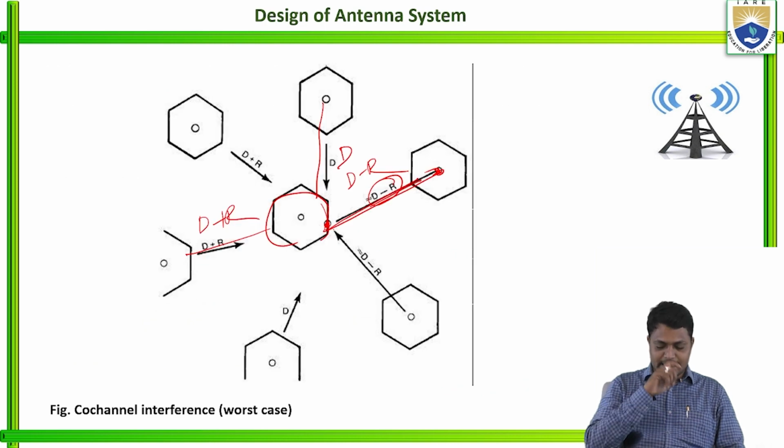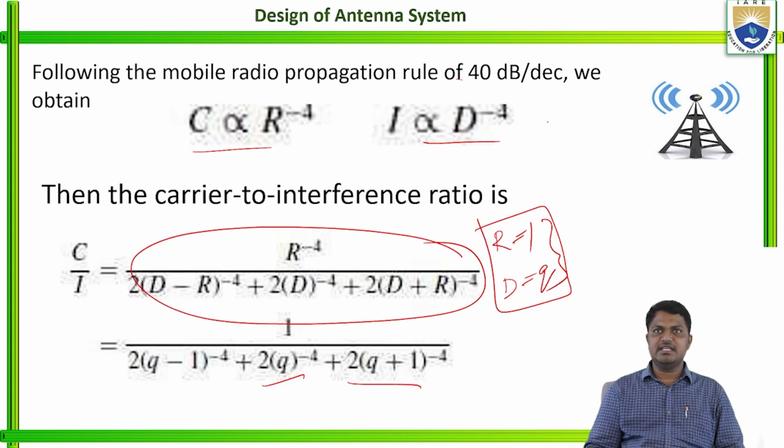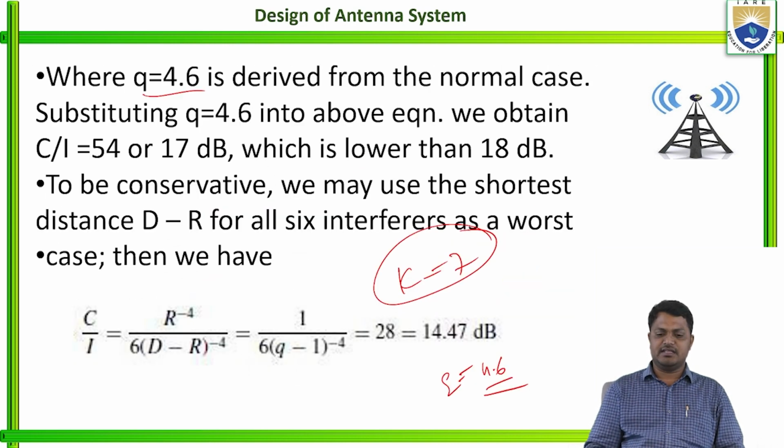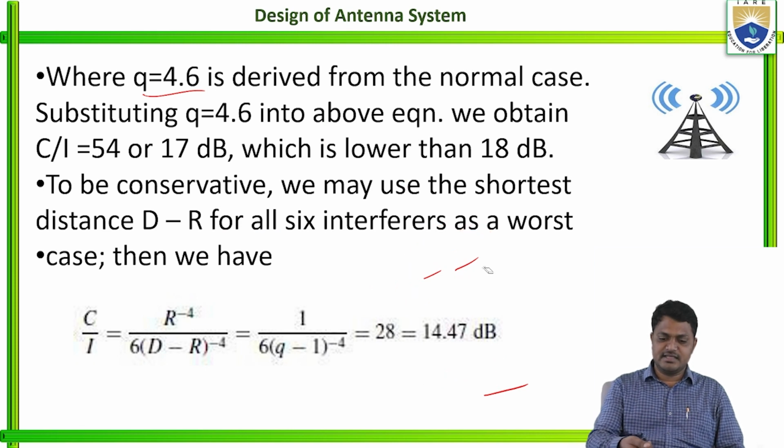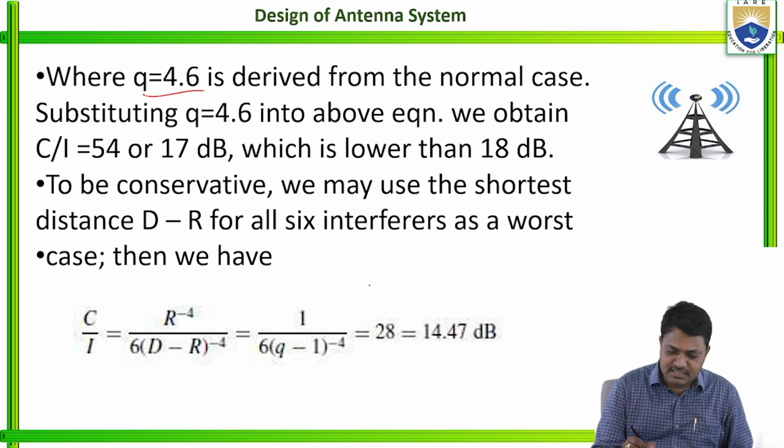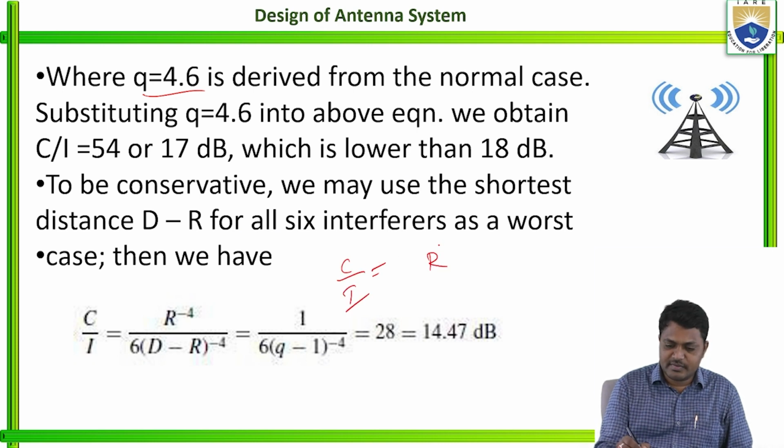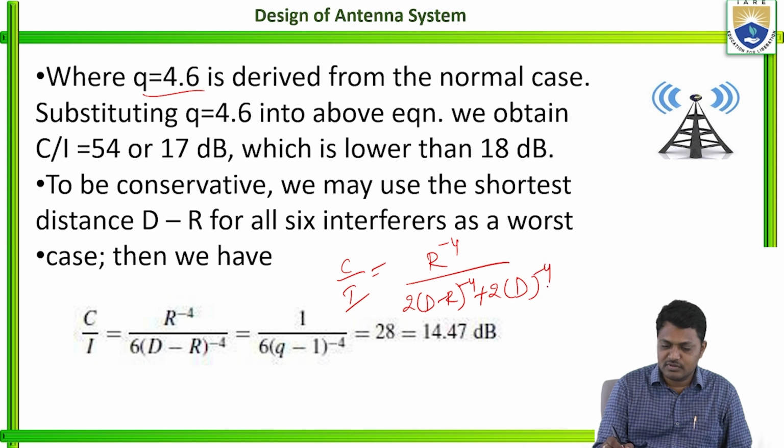I will write the equation once again: C by I is equal to R power minus 4 by 2 of (D minus R) whole power minus 4 plus 2 of D power minus 4 plus 2 of (D plus R) power minus 4. Right?